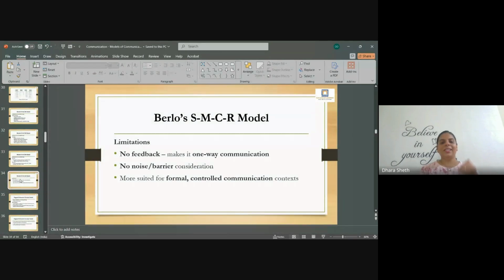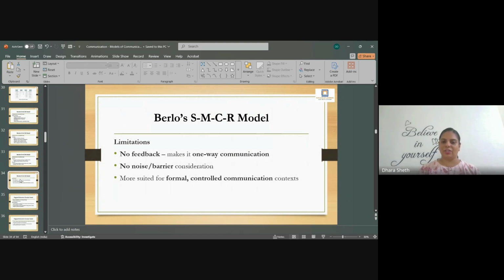The limitation is it's a one-way communication, no feedback. Even when the news channel says the news, they do not talk to you impolitely, right? They give respect to their viewers. So that's again a cultural context. It is more suited for formal, controlled communication contexts, like an email sent by the CEO of the company to the entire company's employees, which does not expect a response.